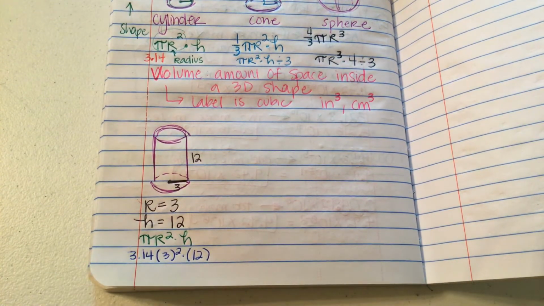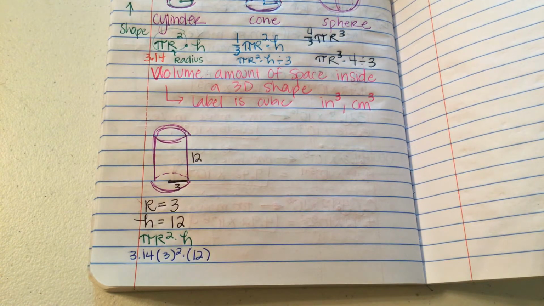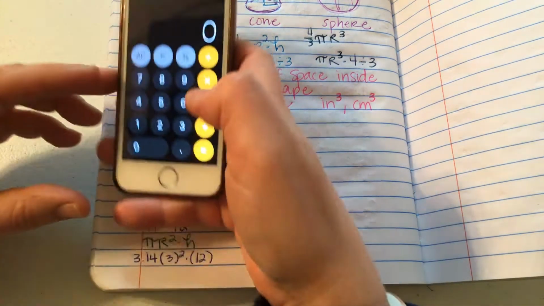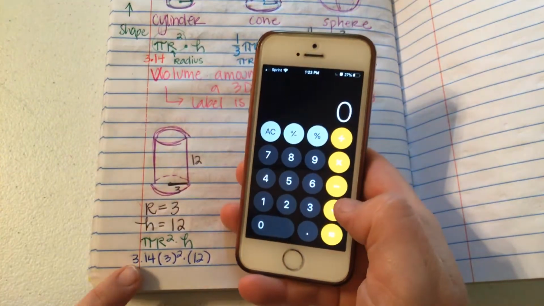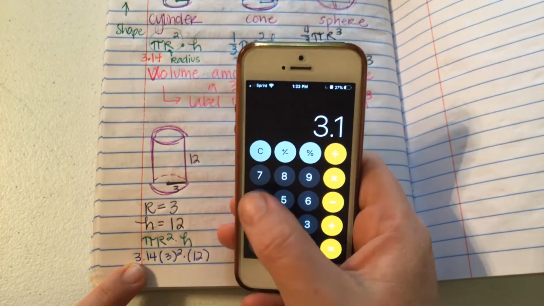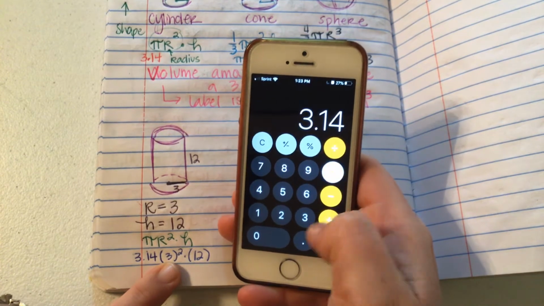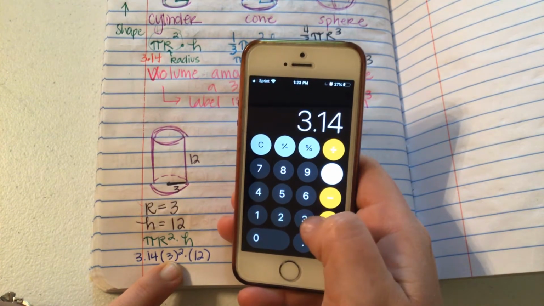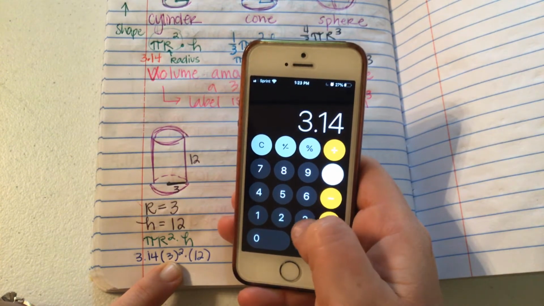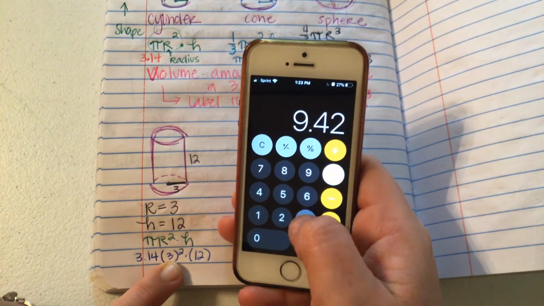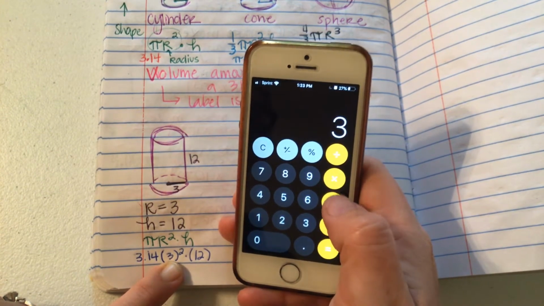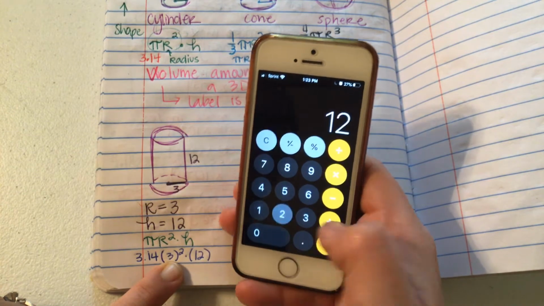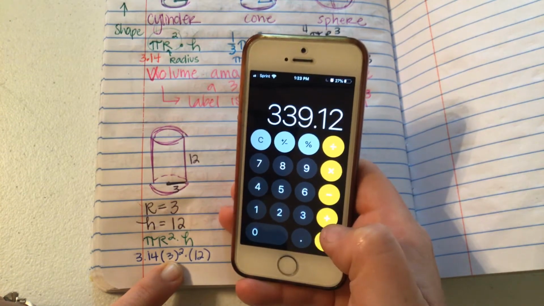So I'm going to grab my calculator. So on regular calculator on your phone, 3.14 times, and on this calculator I don't have a 3 squared button, so I'm actually going to do 3 times 3, because 3 times 3 means 3 squared, times the height.